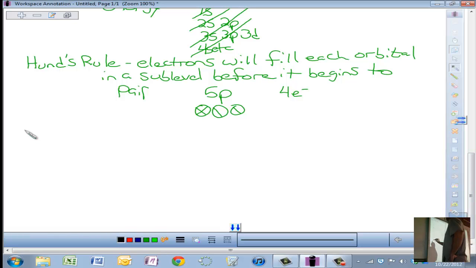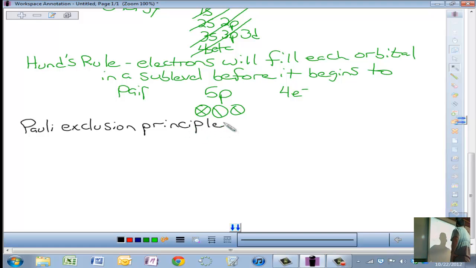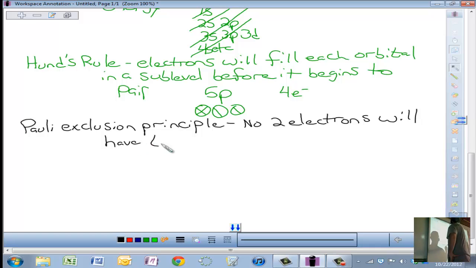And the last vocabulary is the Pauli exclusion principle. And all this states is no 2 electrons will have the same 4 quantum numbers.